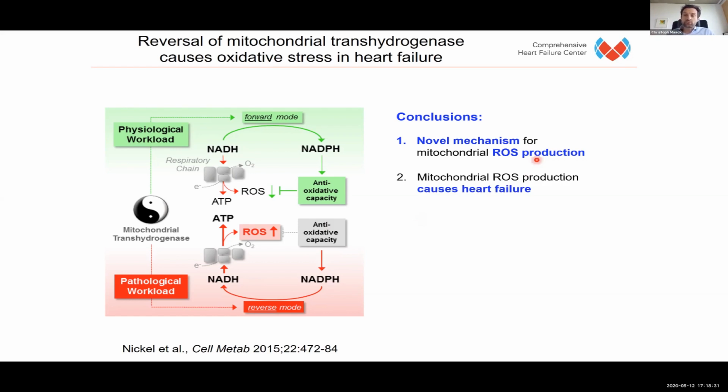And these mitochondrial ROS play a causal role in the development of heart failure. And in black 6J mice that undergo TAC, you have to consider that mitochondrial ROS are presumably heavily underestimated. So this is important when you plan experimental studies with genetically modified mouse strains.